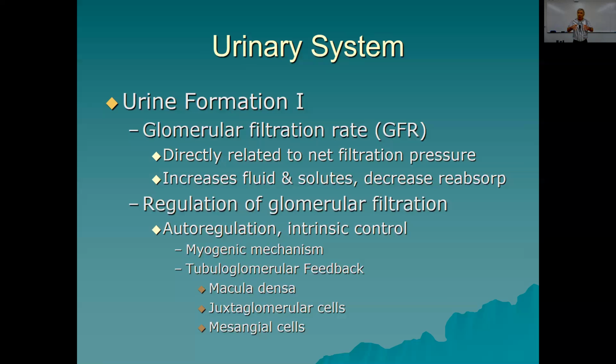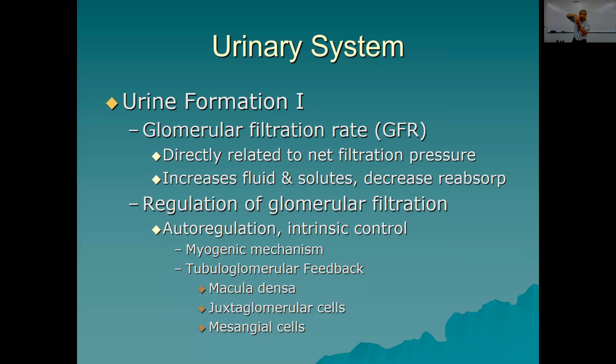When you relax smooth muscle, it reflexively relaxes. So it wants to stay the same diameter. So that's called the myogenic mechanism. So if you get an increase in blood pressure and it dilates the afferent arteriole, the arteriole constricts.